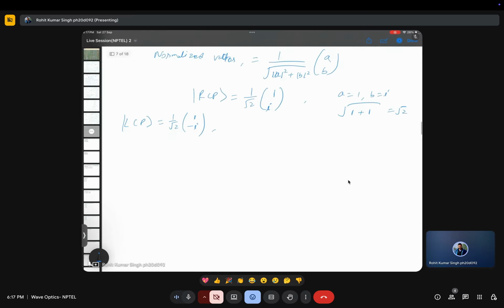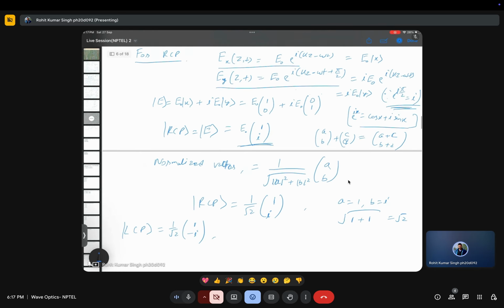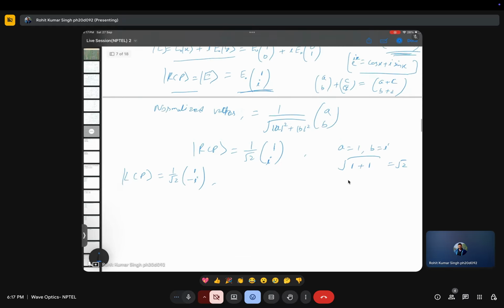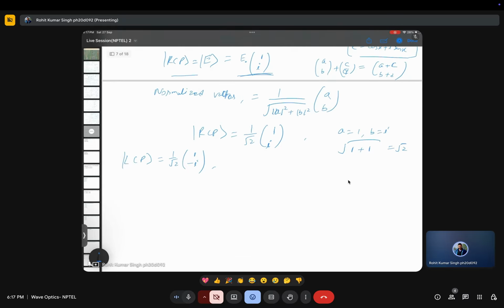And we saw here that circularly polarized waves are the superposition of two linearly polarized waves. So you can also write it from here.